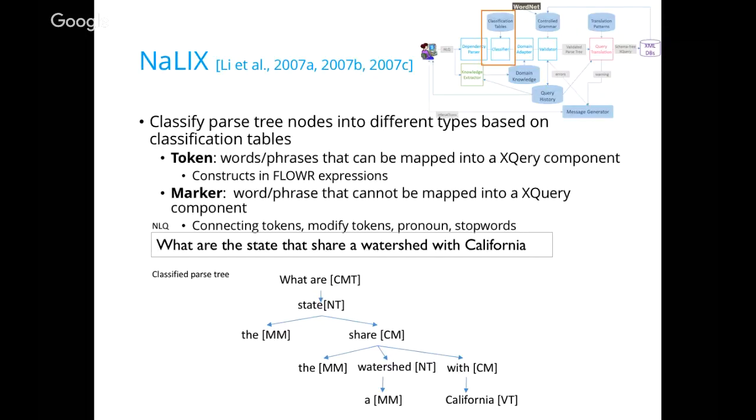And the state as an NT is most likely to be not a table name, but an attribute name or element name in the XML. And VT basically means this is a value in the XML.